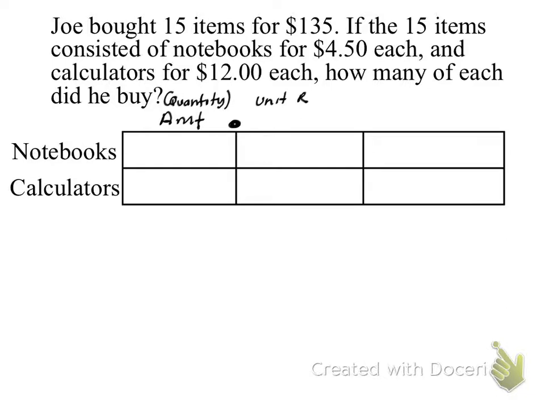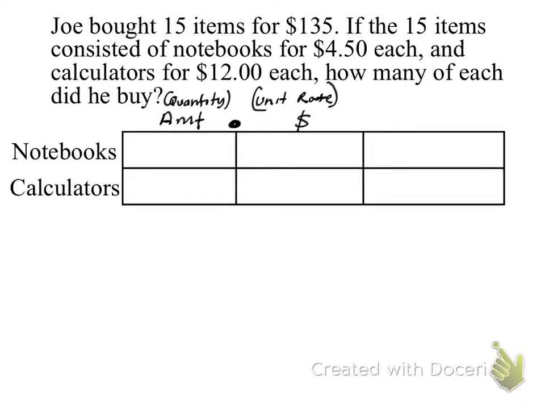How much of whatever it is per one. So what units are we talking about? What are the units we're dealing with here? Money. So I'm going to just write the money sign.